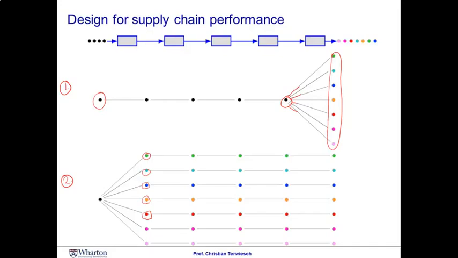Most of us would intuitively prefer the first option. We see a form of scale economies in the process because here, look at the first step in the process beginning here. Everything I'm producing is standardized to one variant, whereas here it is spread over multiple different units of demand.